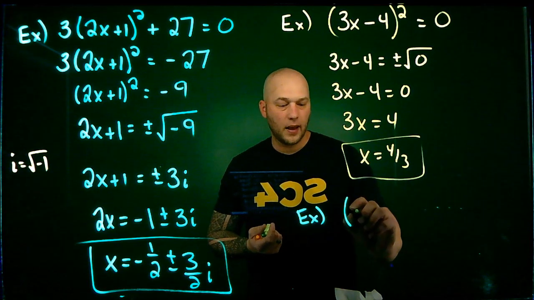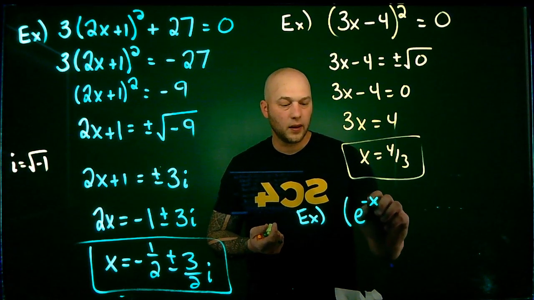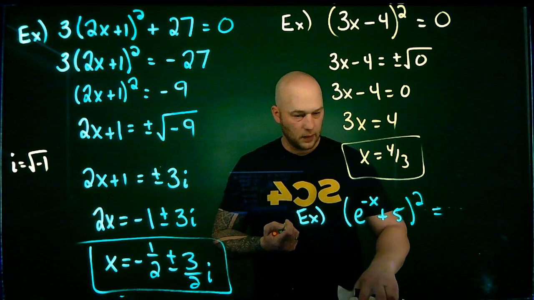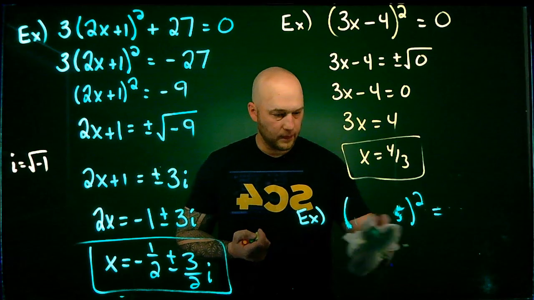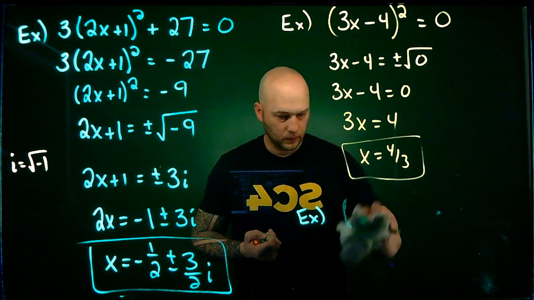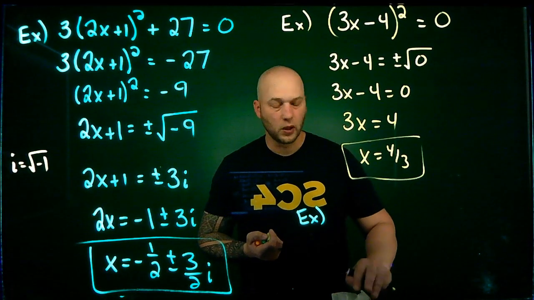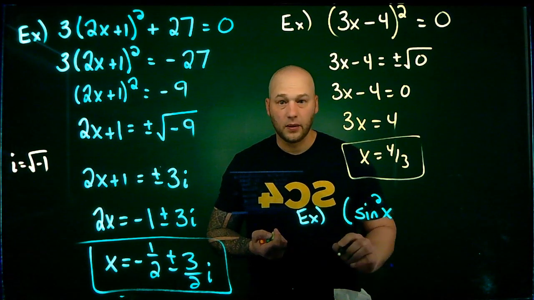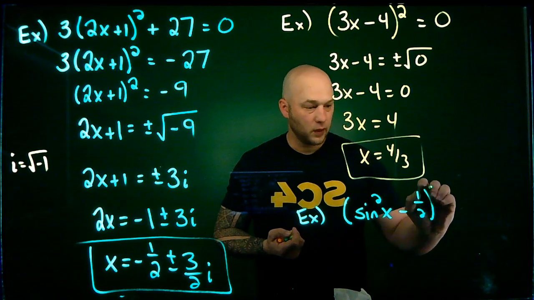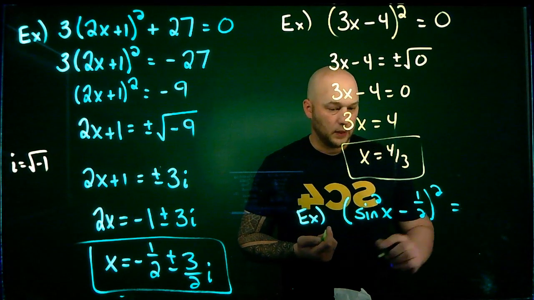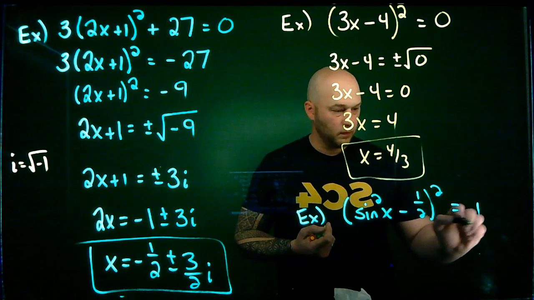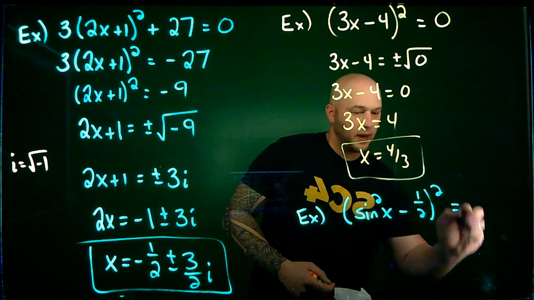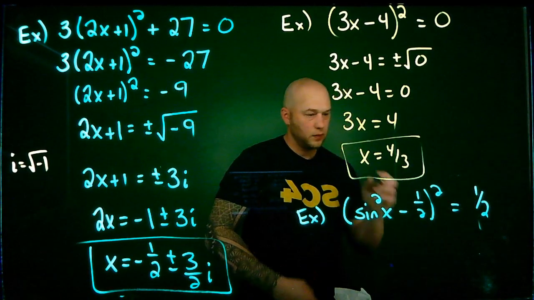For example, if I had e to the negative x plus 5 squared is equal to, actually let me change that, because that was still going to give me one real solution. Let's say I do something like sine squared x minus 1/2 squared is equal to 1/2.